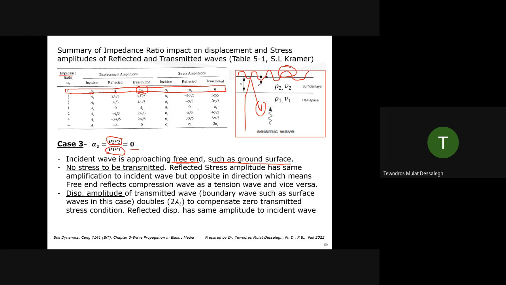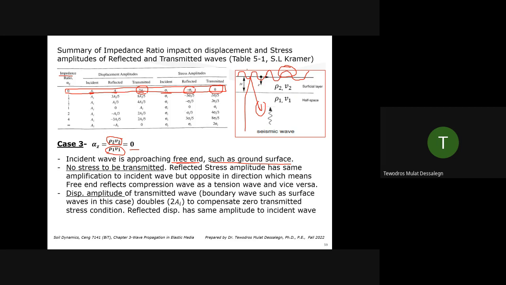How about the stress case? In the stress case, the incident wave has sigma I, and the reflected wave has just opposite polarity, which means tension will be compression, but the same value. For the transmitted wave, there is no stress because it's atmosphere. It's being released as a deformation.